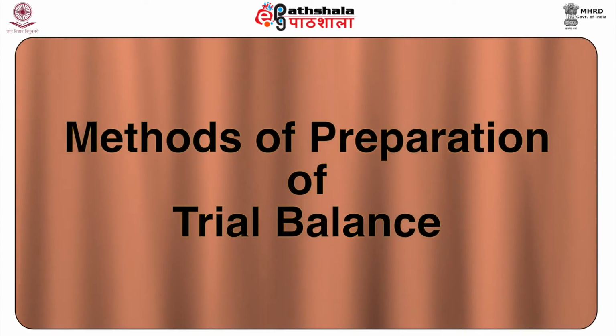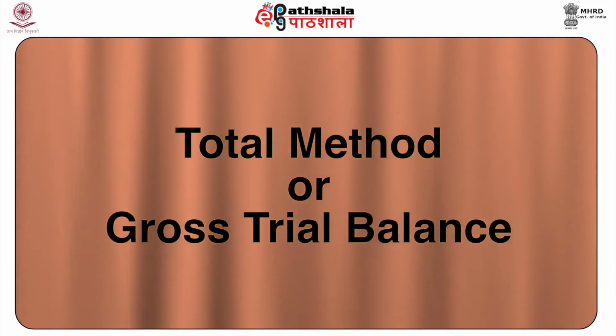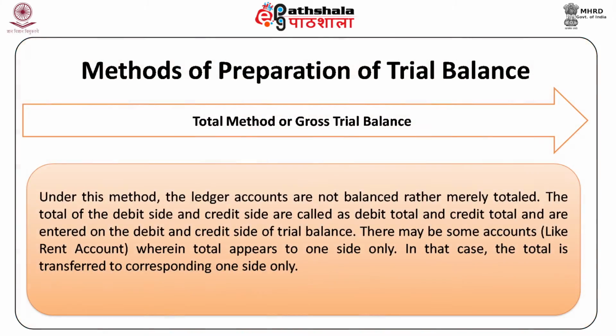Methods of preparation of trial balance. Total method or gross trial balance. Under this method, the ledger accounts are not balanced, rather merely totaled. The total of the debit side and credit sides are called as debit total and credit total and are entered on the debit and credit side of the trial balance.